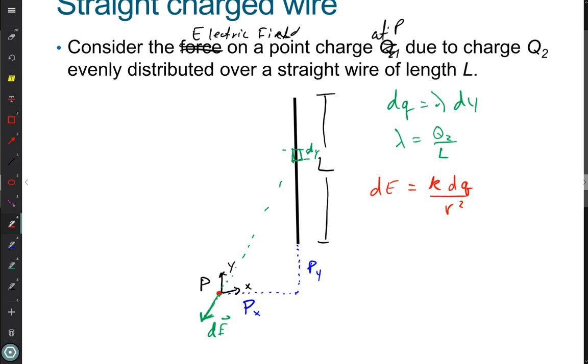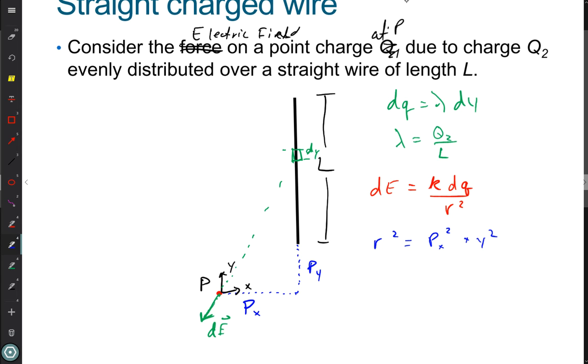Now things are a little more complicated for that r. So how would I find r in this case? I have to use the Pythagorean theorem. r squared is equal to the x component, which is going to be px squared at all times, plus y squared, where y is how high it is.